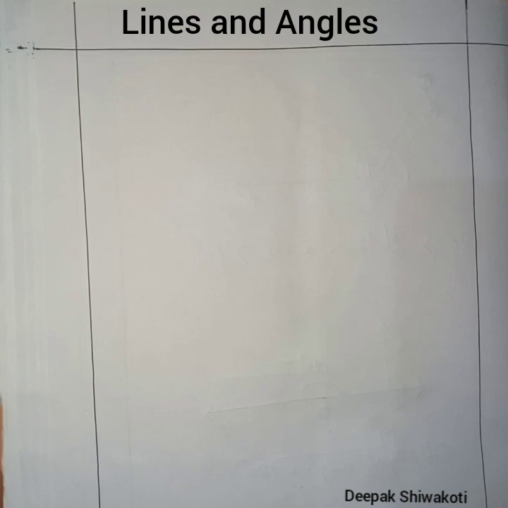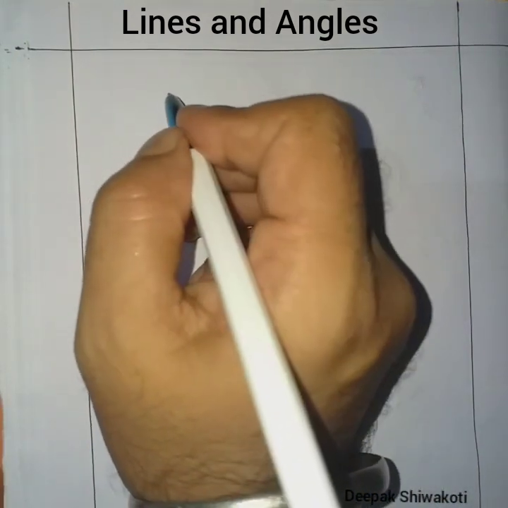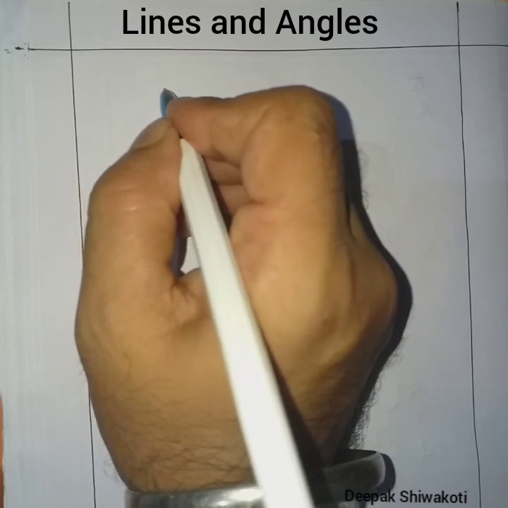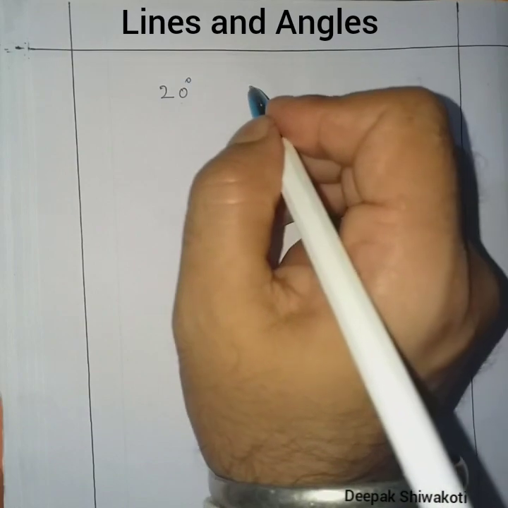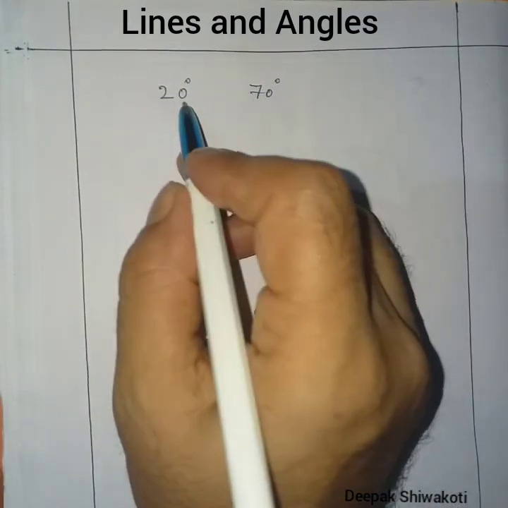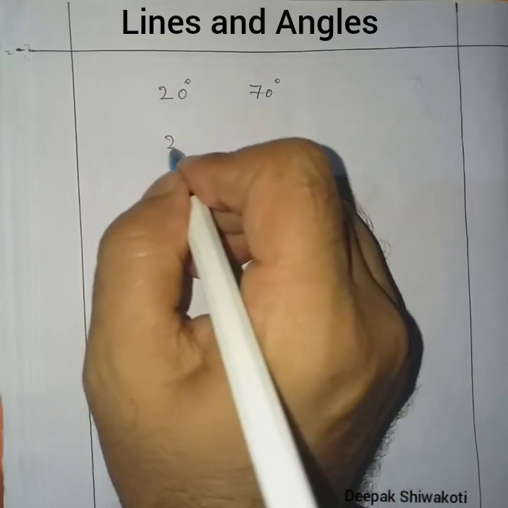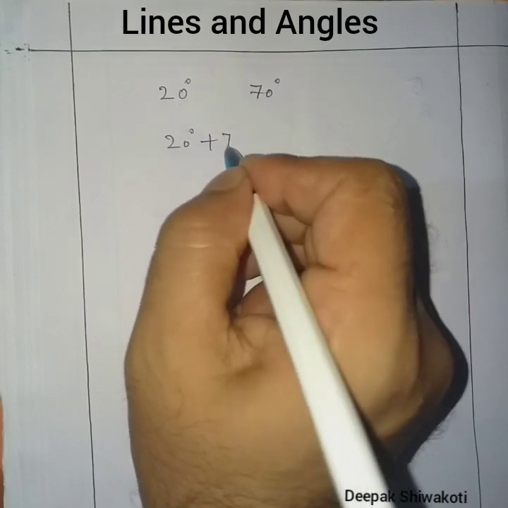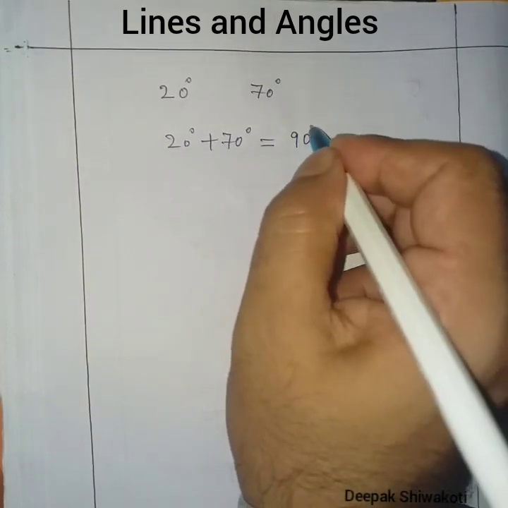Now let us understand complementary angles. When two angles are given, suppose one angle is 20 degree and another is 70 degree. Then the sum of these, that means when you add these two, how much we get? We get 90 here.